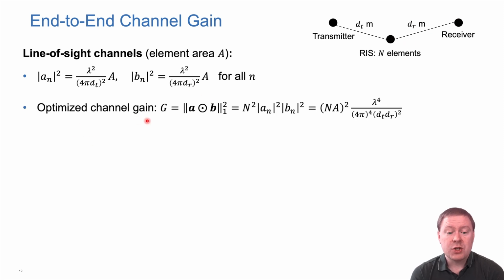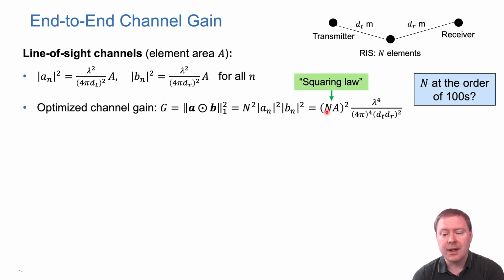Then the optimized channel gain, when we have configured the RIS perfectly, will be that we are summing up these values in amplitude, and then taking the absolute value squared, and this will become this formula, where we can see a number of things. The propagation distances are multiplied together, so this factor here can be rather small, while we also have the number of elements times the size of each one of them, so the total area, squared.